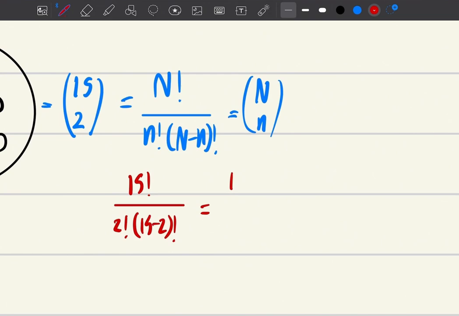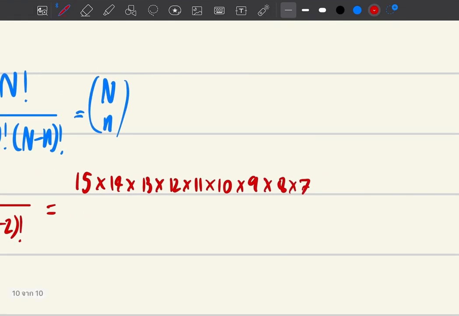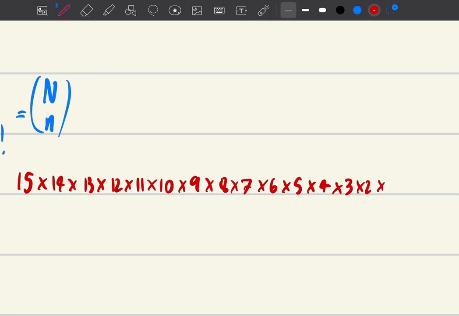For example, 15 factorial is 15 times 14 times 13 times 12 times 11 times 10 times 9 times 8 times 7 times 6, 5, 4, 3, 2, 1.